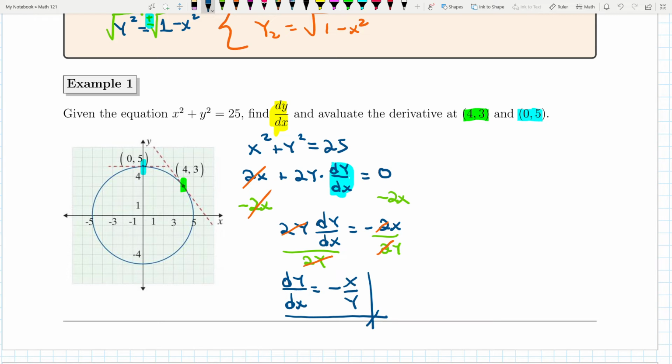Now, they're asking us to evaluate the derivative at the point 4 comma 3 and then at the point 0 comma 5. So let's do that part.